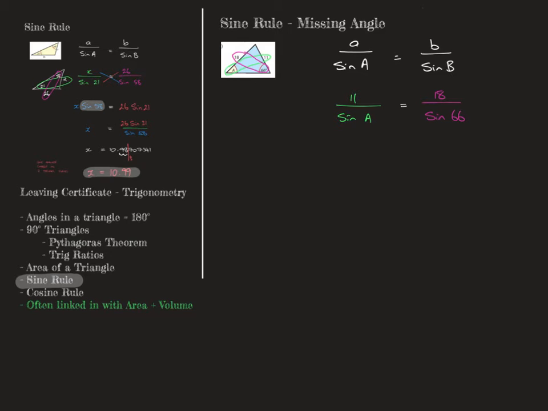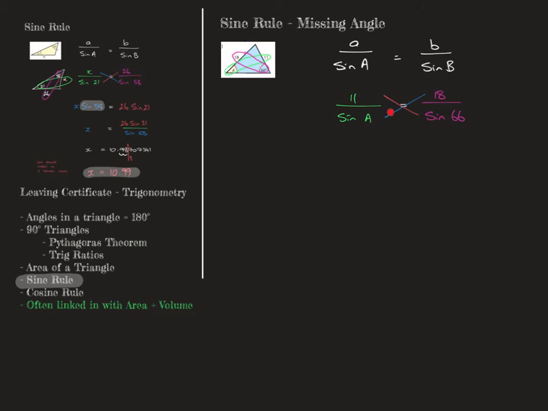What I'm going to have to do next is sort it out. I have a fraction equals a fraction, so I can cross multiply. I'm going to multiply these two together, and these two together. Like I said the last time, I like to keep all my unknowns on the left-hand side, because it makes things easier when you get to the end.